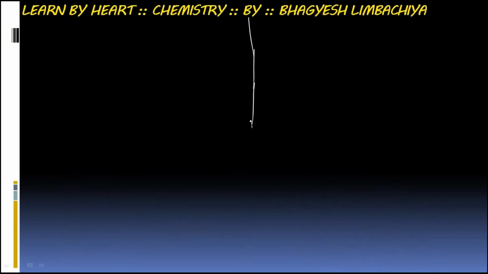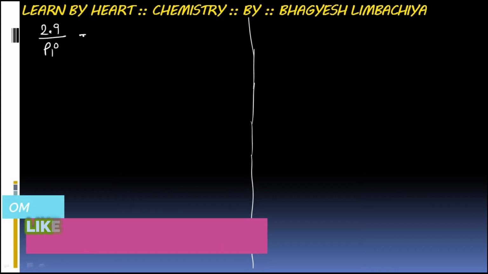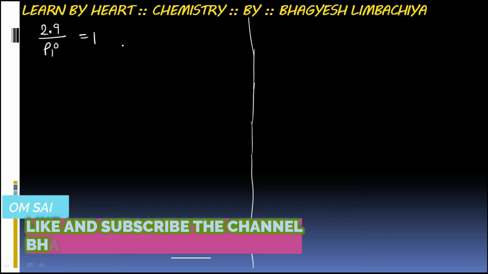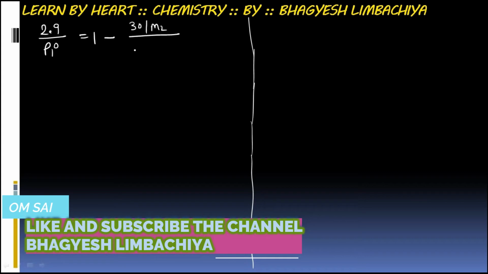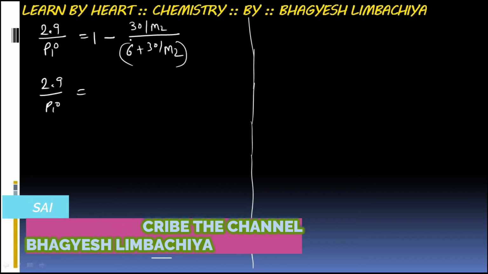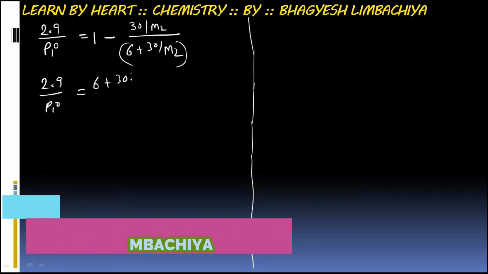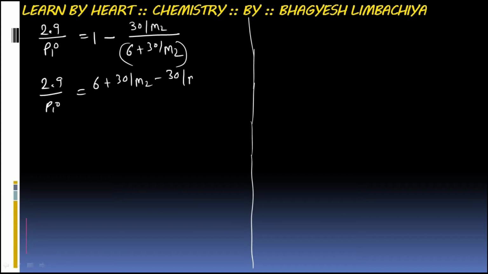So we are getting here 2.9 divided by P1⁰ equals 1 minus 30 by M2 divided by 6 plus 30 by M2. And here 6 plus 30 by M2 is taken as LCM, so that this term is multiplied to 1. So at the numerator 6 plus 30 by M2 minus 30 by M2, and it is divided by 6 plus 30 by M2.